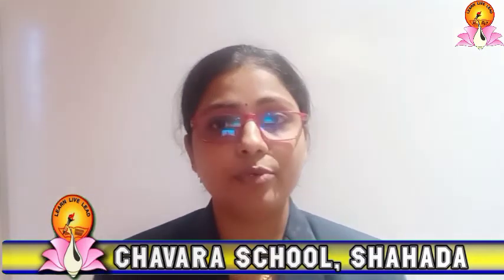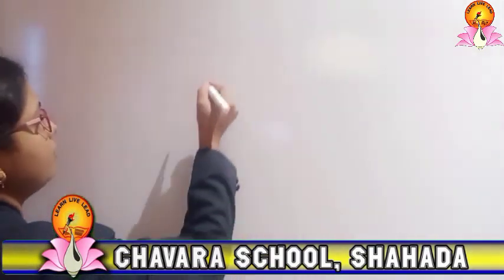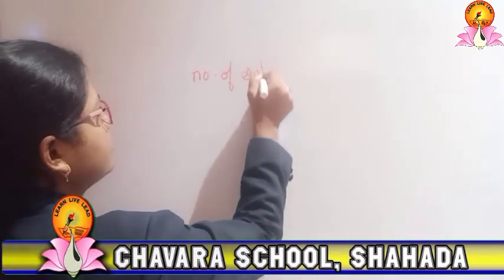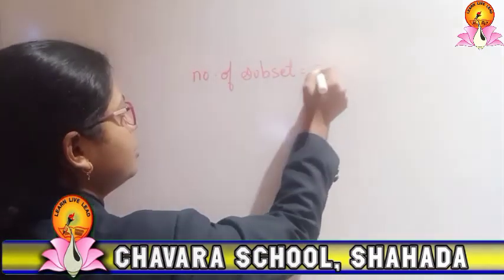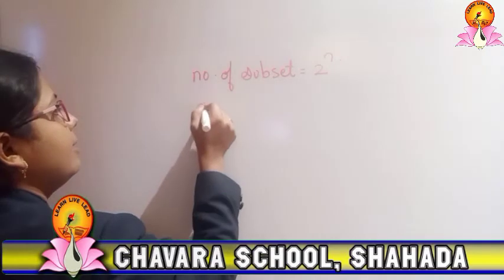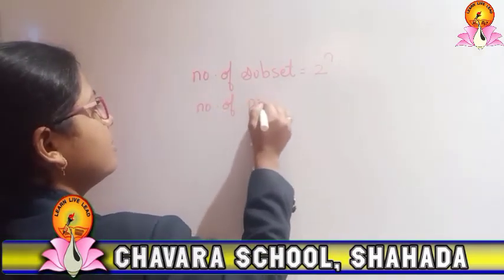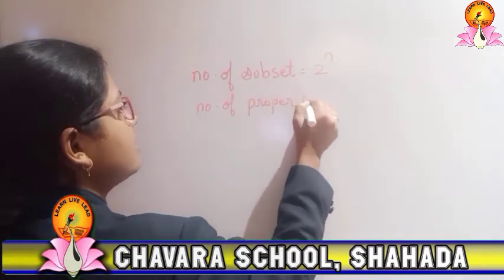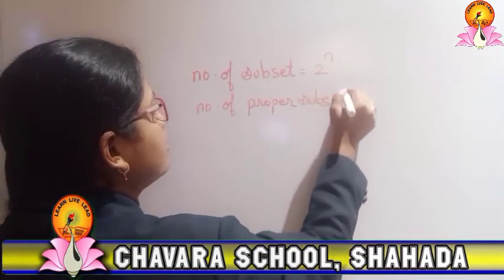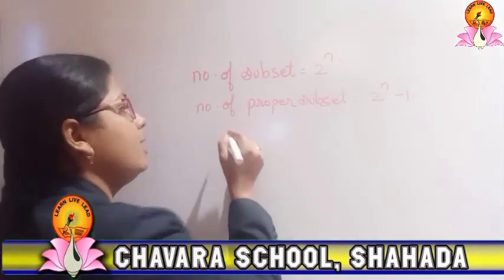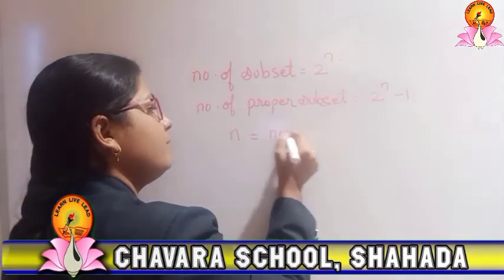Now, if it is asked to find the number of subsets and number of proper subsets, how will you find out? For that we have formulas. The formula for number of subsets is 2 raised to n, and number of proper subsets equals 2 raised to n minus 1, where n equals the number of elements.